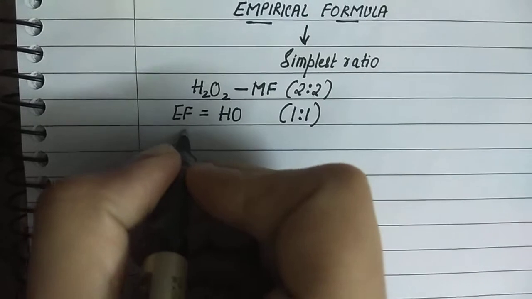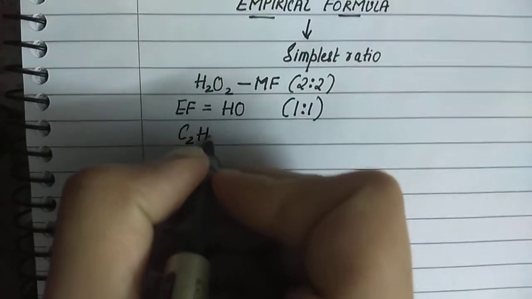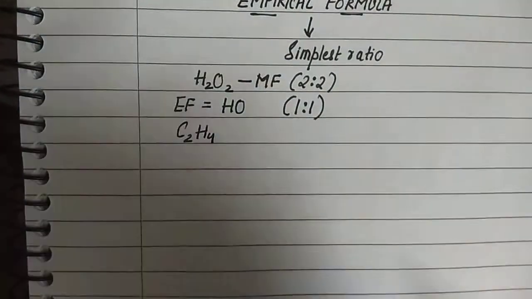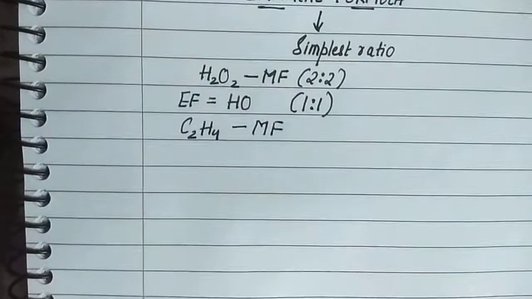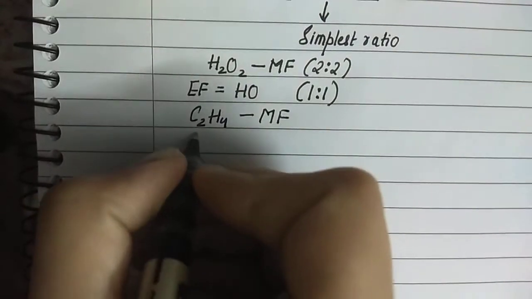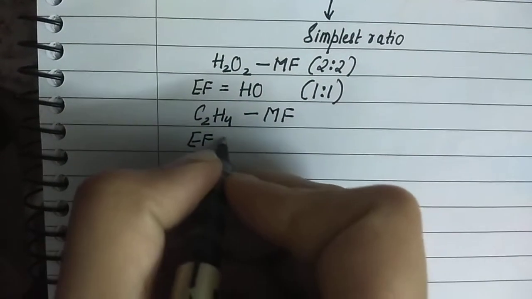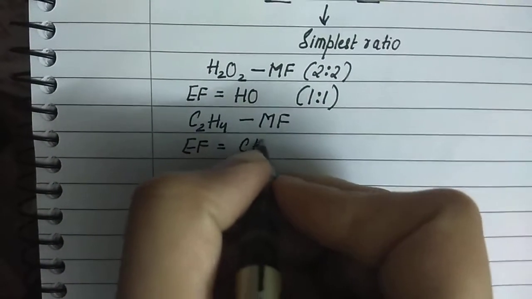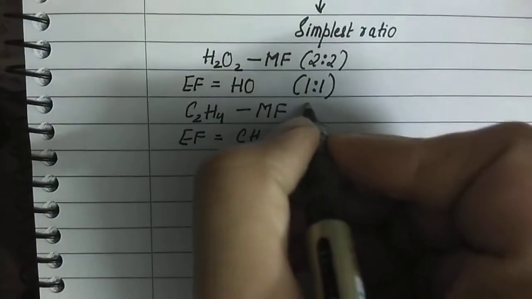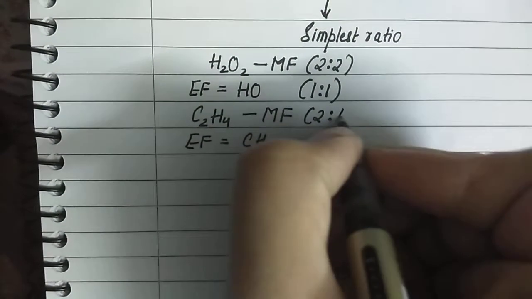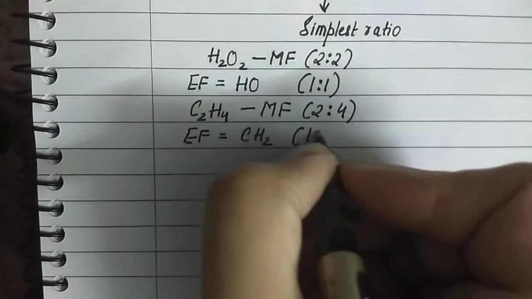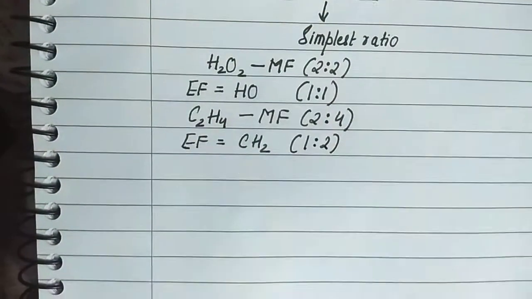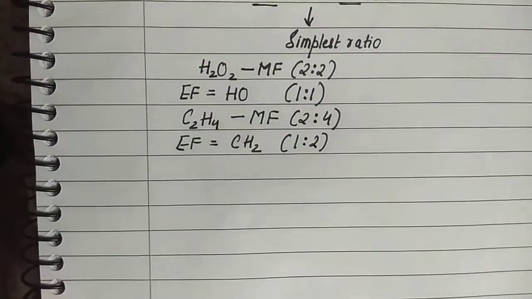Let us take another example of ethene, C2H4. Now C2H4 is the molecular formula of ethene. So its empirical formula would become CH2. Over here I had the ratio as 2:4, which can be simplified as 1:2 in the empirical formula.